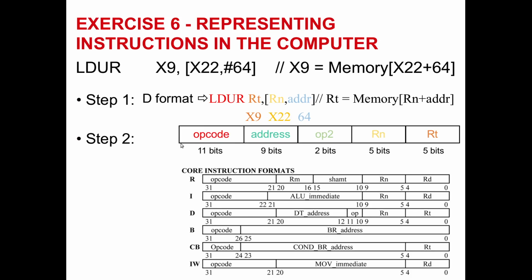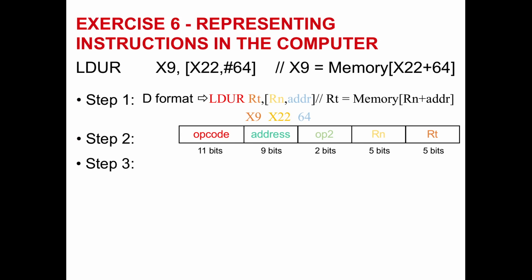If you look into your lecture, you can see that this opcode, again, is 11 bits. This address here has 9 bits. The operands are 2 bits, but we don't use it at this time. RN and RT, each of them will have 5 bits.